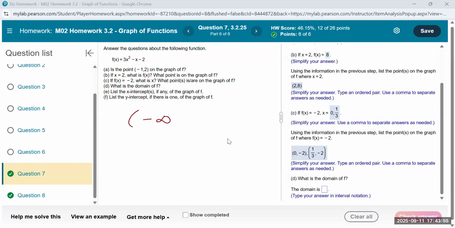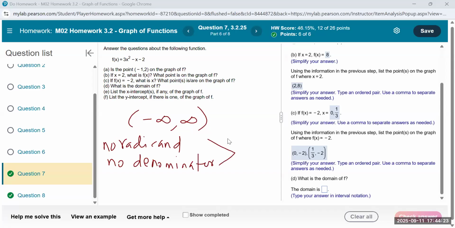Negative infinity to infinity. And this is because we don't have a radicand, no denominator in the given function.